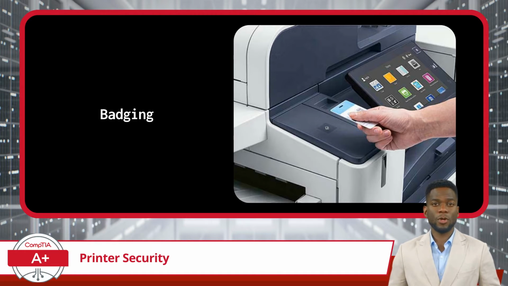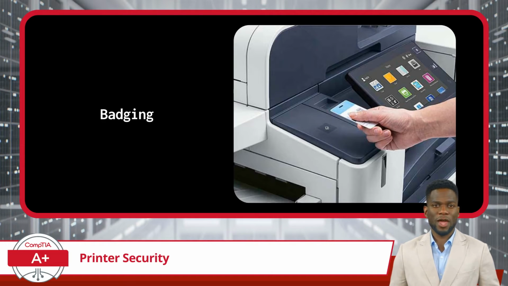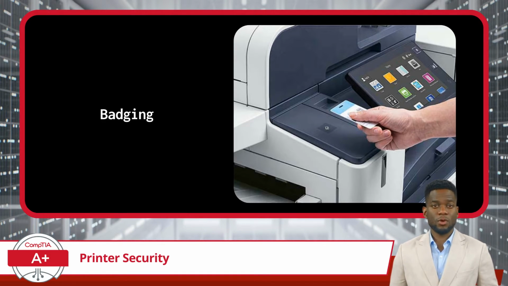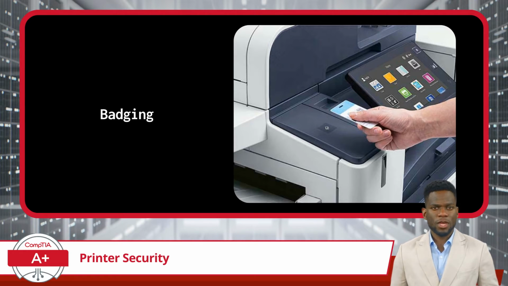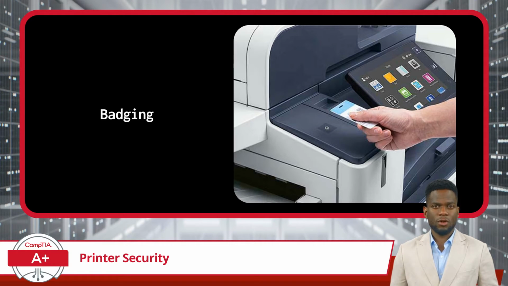When an employee approaches the printer to initiate a print job, they are required to present their badge or ID card to the badging system. This action triggers a verification process wherein the system cross-references the presented credentials with a centralized database containing authorized user information.